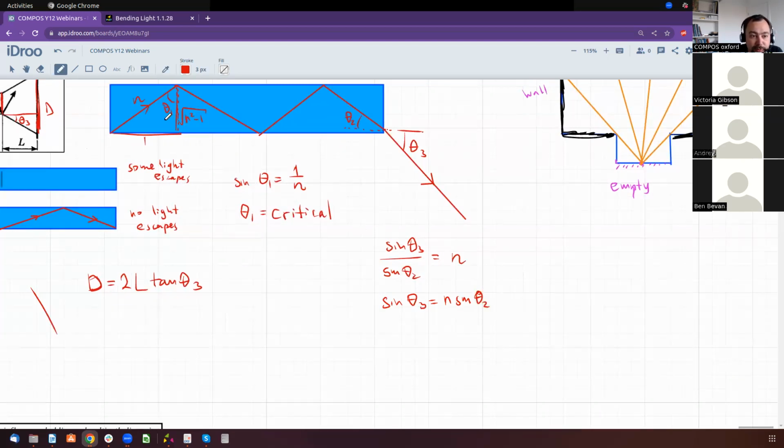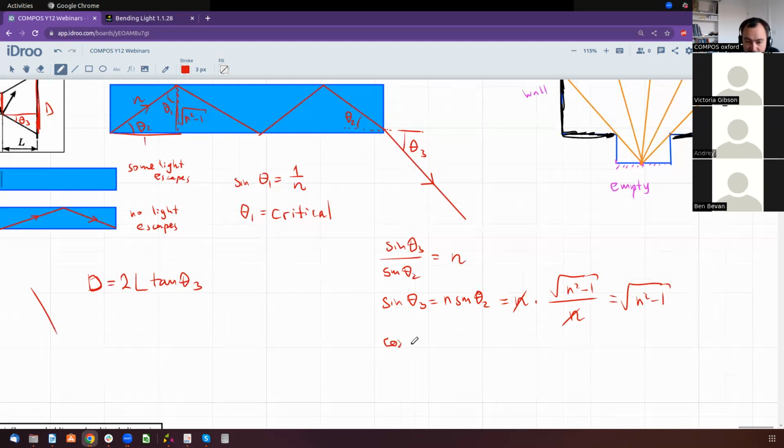And θ2, well, it's this angle. So sine θ2 is, so n multiplied by the square root of n squared minus 1 over n, interestingly. So that's the square root of n squared minus 1.